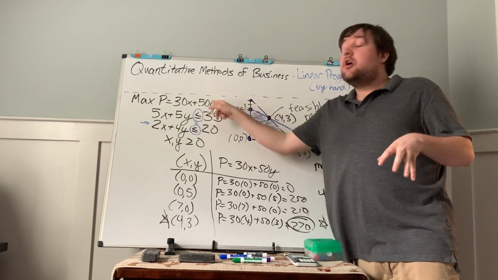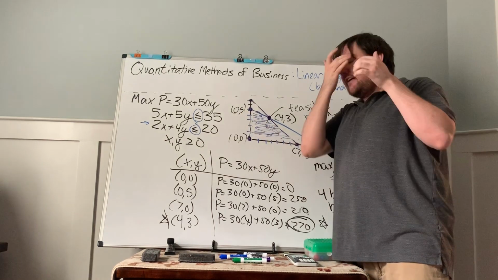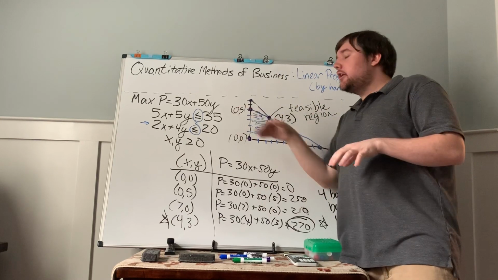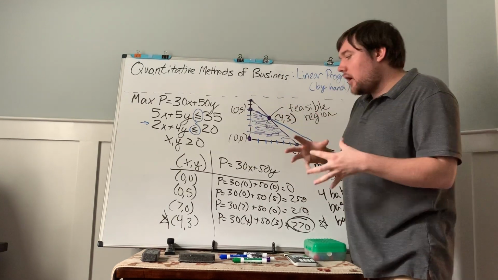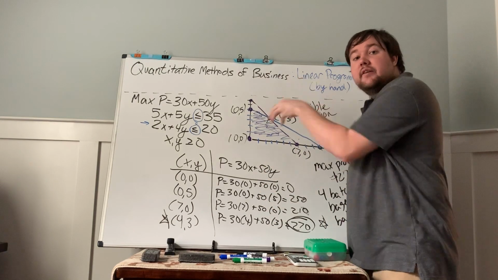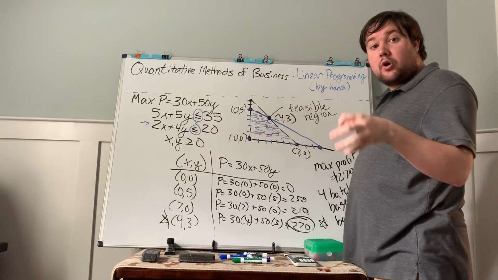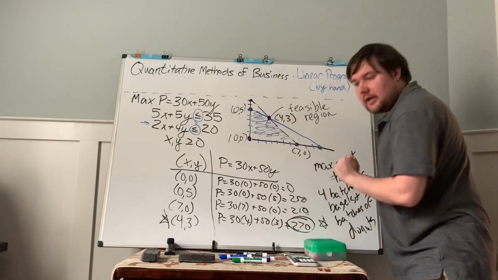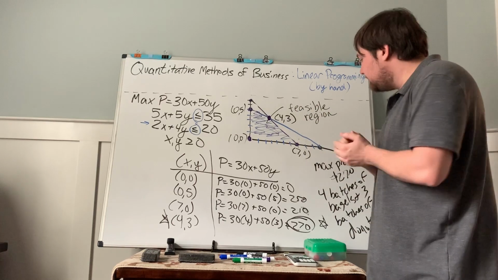You might have more variables to deal with because you'll make more products, or you might have more constraints, or sometimes you'll have a mixture of greater than or equal to, less than or equal to in your constraints. But the process is all the same. You figure out what your feasible region is, and then you figure out what those corner points are, and then you use that in your objective equation to figure out what the profit or cost actually is.